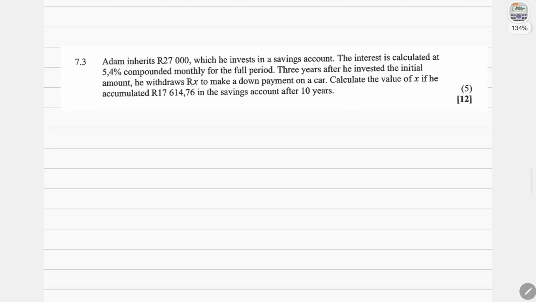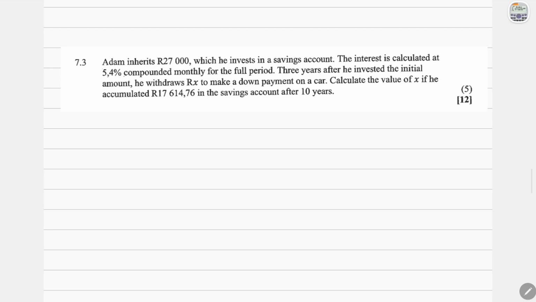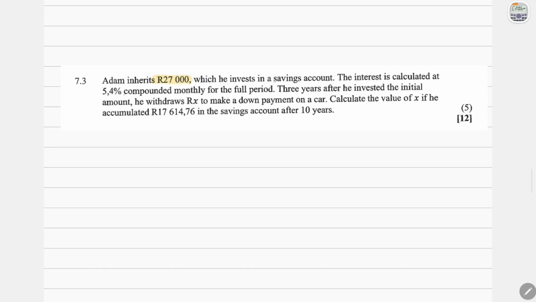Question 7.3 says, Adam inherits 27,000 Rand, which he invests in a savings account. A savings account, okay? And then they say the interest is calculated at 5.4% for the full period. Then, 3 years later, okay, after he invests the initial amount, he withdraws X Rand to make a down payment on a car.